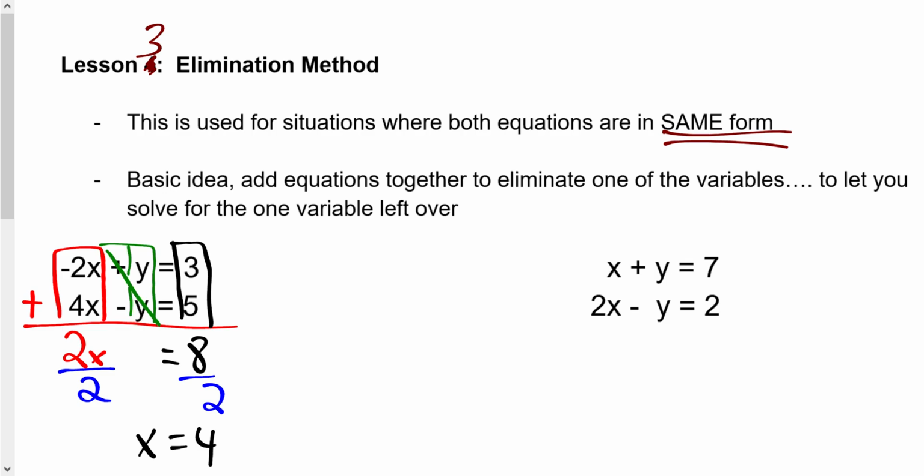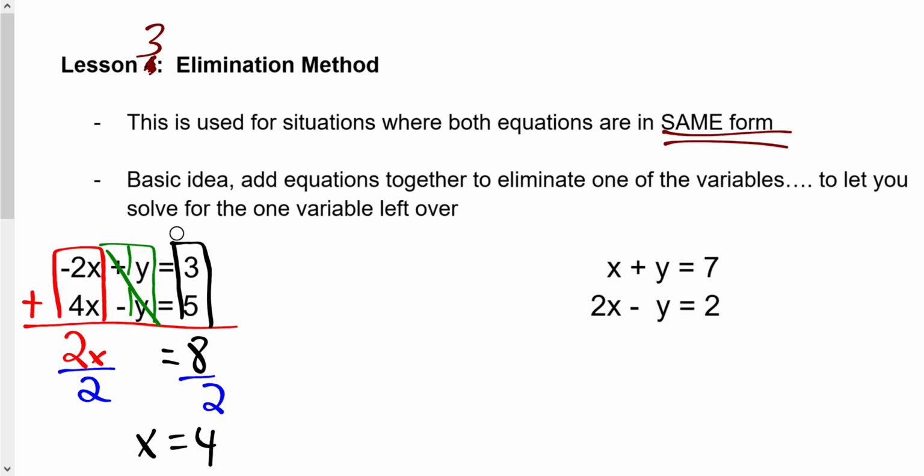Well, do you remember how we said on substitution method, you then go and plug in your x value, or the first value that you found, back into one of the equations? It didn't matter which one. Usually for substitution, we went for the shortest one because it was so easy. Do we have two equations that we can choose from here? Yeah. Which one seems easier to you guys?